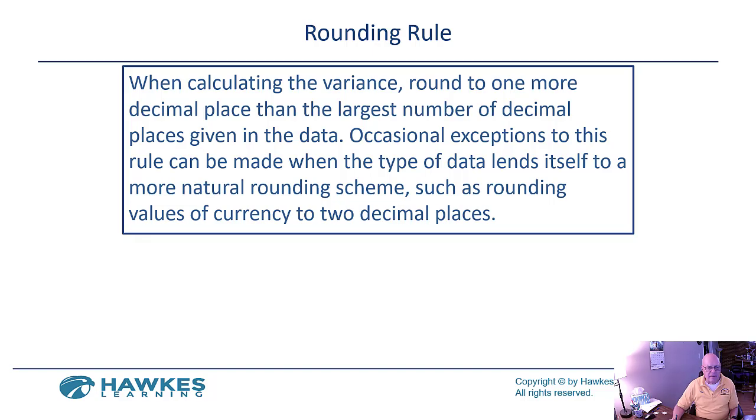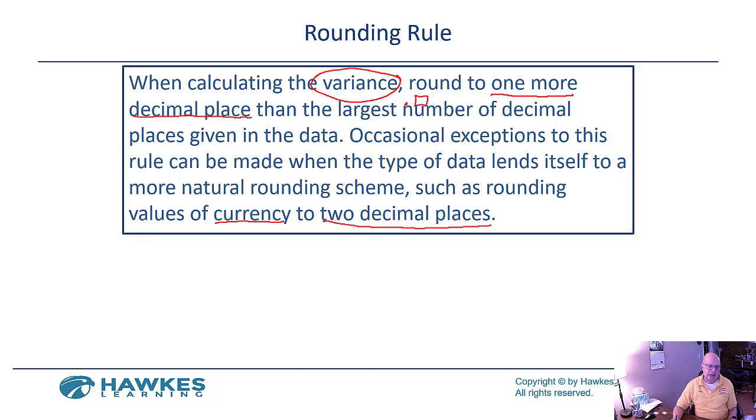When you're calculating the variance and various other things as well, we're on to one more decimal place. So if you've got whole numbers, for example, give the variance with one decimal place after your number. However, if you're using currency, stick to 2 decimal places.